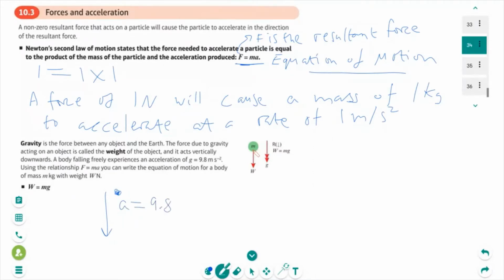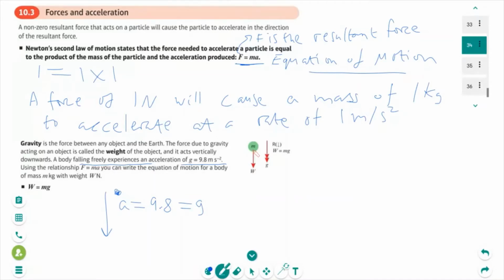A body falling freely experiences an acceleration of 9.8, so they use a special letter for it: g. The acceleration due to gravity is g, which equals 9.8. If you do physics, then it's 9.81.